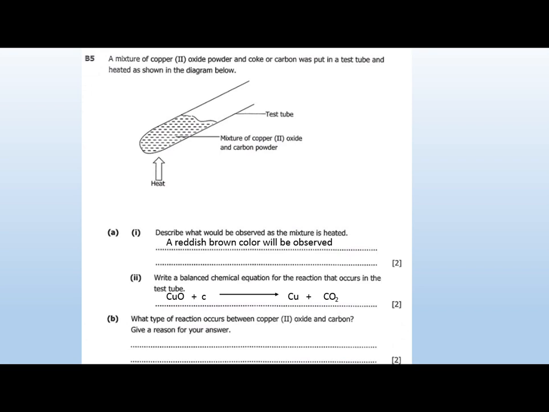You can see that when copper(II) oxide and carbon reacted, amongst the products you can find that oxygen has been removed from copper(II) oxide, but it has been added to carbon, so that we only have copper plus carbon dioxide.